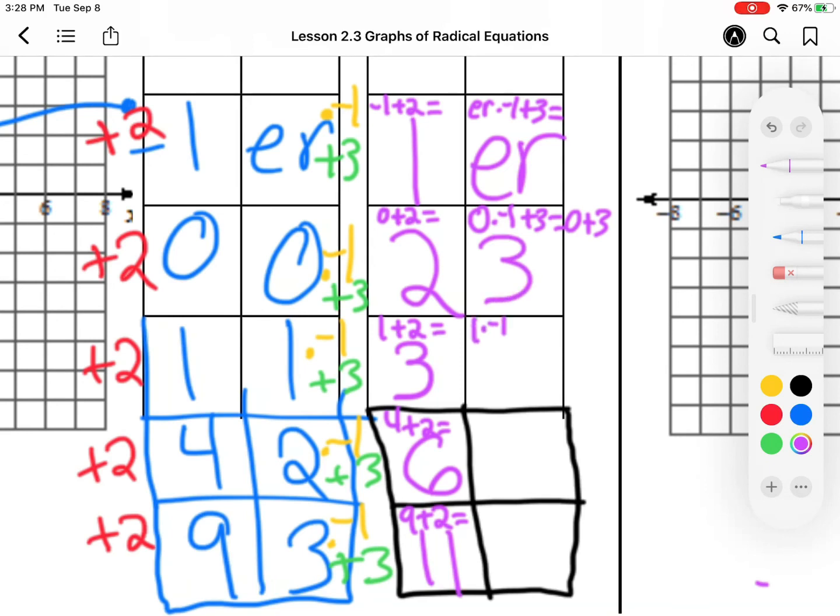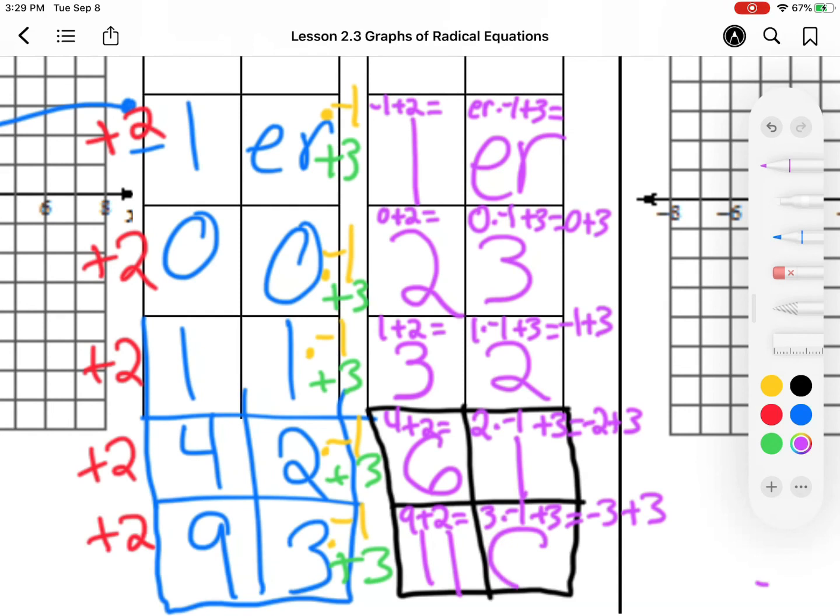I've got 1 times -1 plus 3. 1 times -1 is -1 plus 3 is 2. 2 times -1 plus 3. Well, 2 times -1 is -2. Then plus 3 gives me 1. And then 3 times -1 plus 3. -3 plus 3 gives me 0.